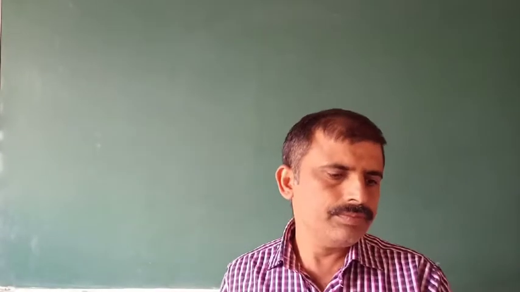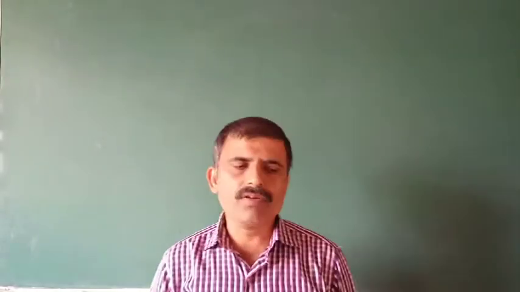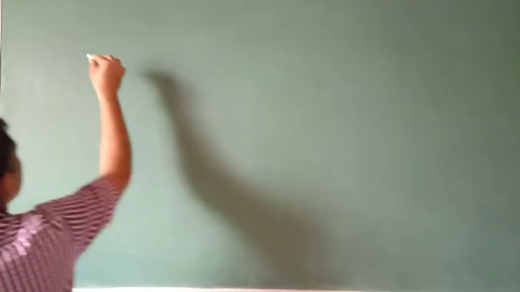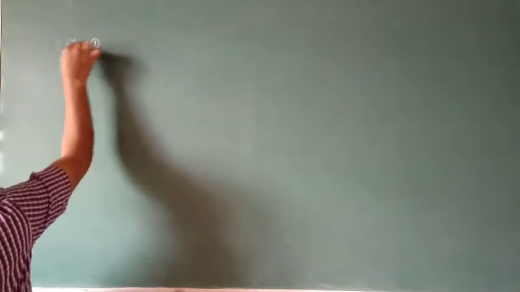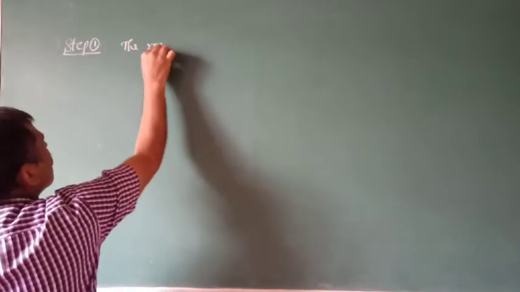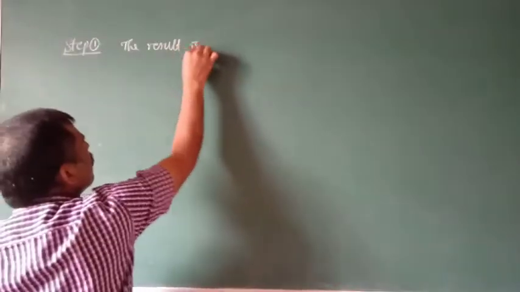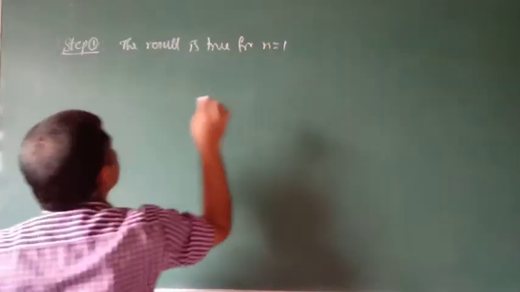Good morning. In the previous class, we learned the principles of mathematical induction. The principles of mathematical induction are in three steps. Step 1: the result is true for n is equal to 1.